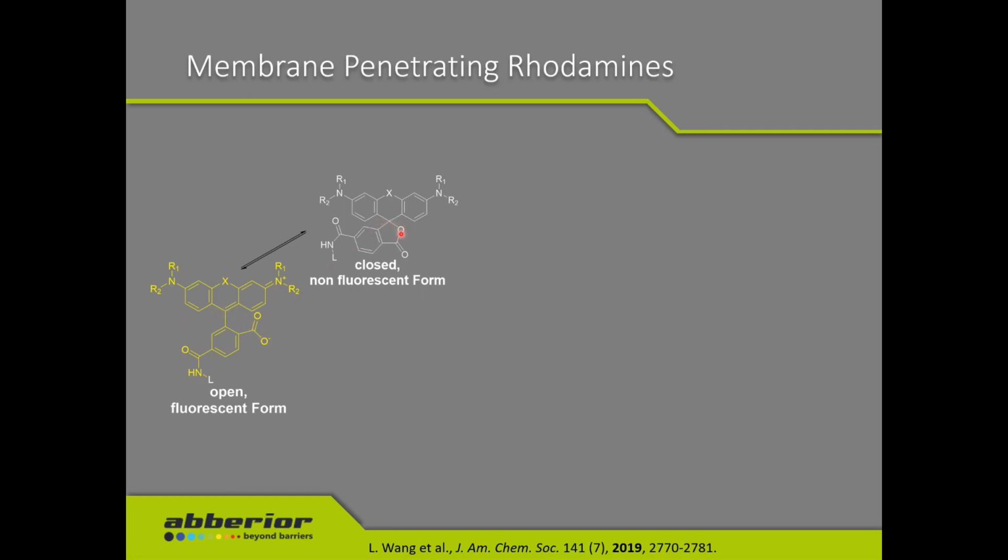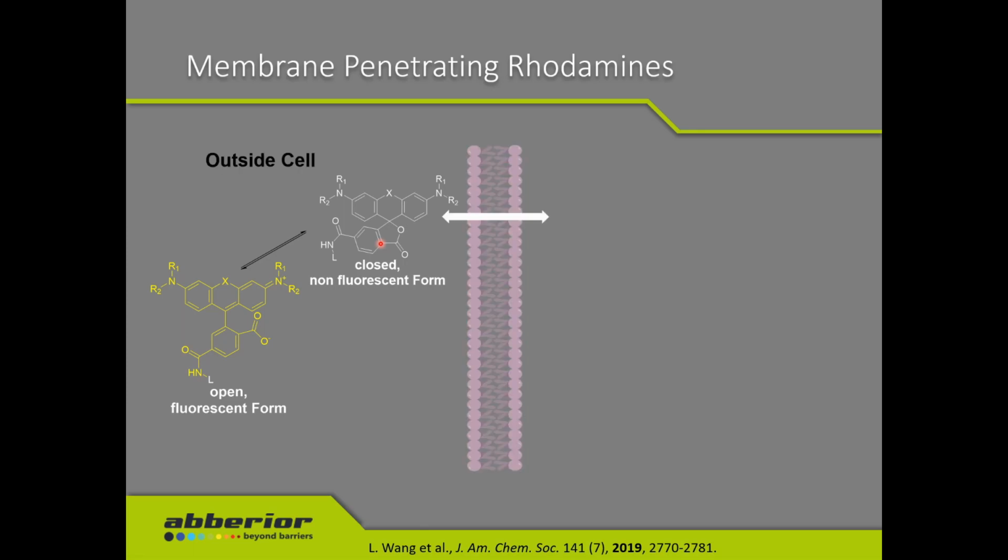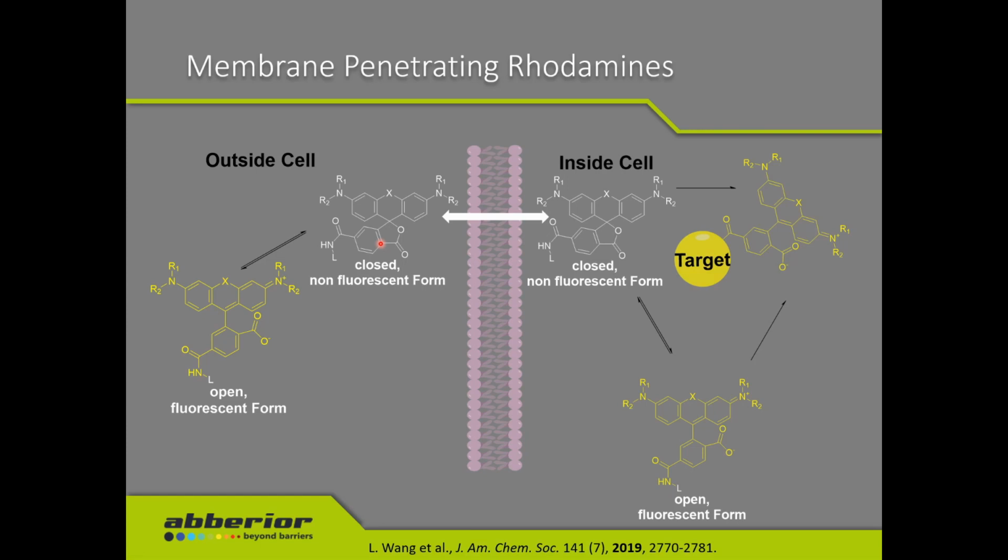This spirolactone ring now creates a rhodamine in the so-called closed form, a non-fluorescent form, and also a zero-charged form. So we have now a neutral molecule, and this can easily pass the cell membrane, penetrating through the membrane, reaching the cytoplasm. And there it can exist also in these two different forms, and hopefully will find and interact or react with our target inside our cell.